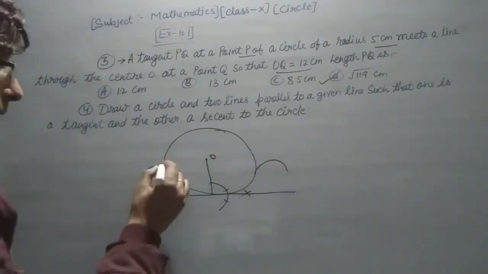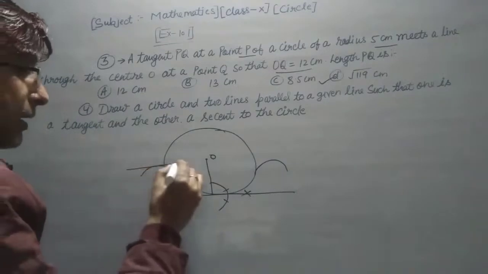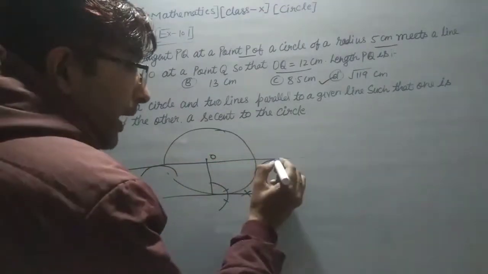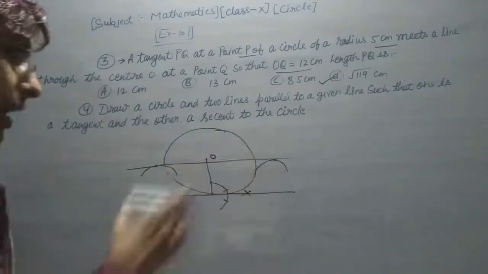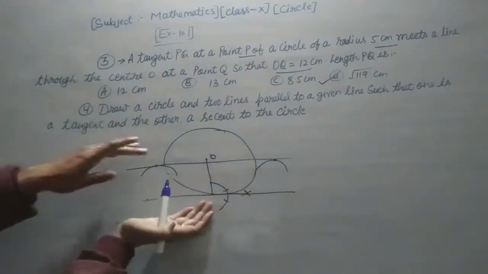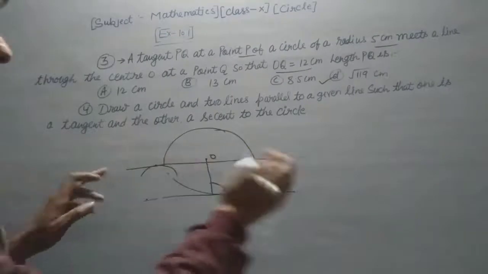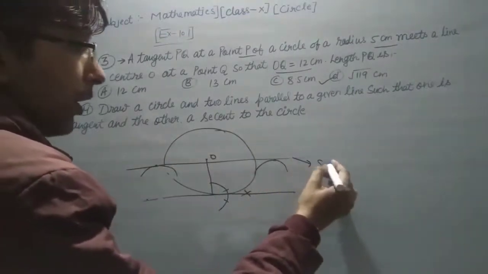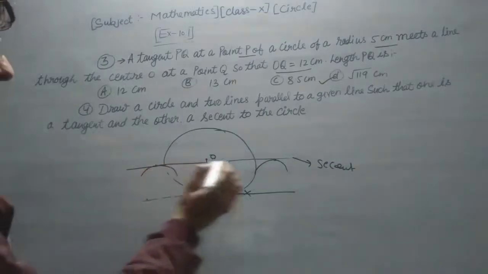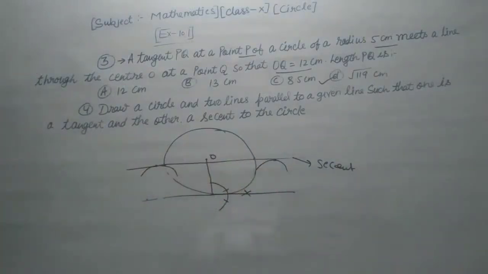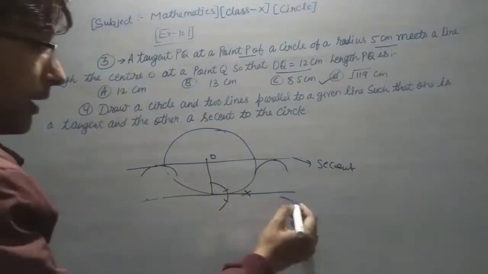Okay, and meet this line and this line also. At this top you have to meet and make a line that is parallel to this tangent, and this is known as a secant because this line cuts this circle at 2 points. So this is known as a secant and this is known as a tangent.